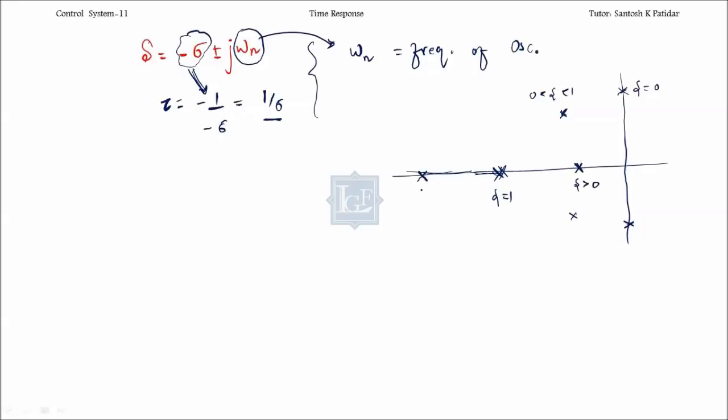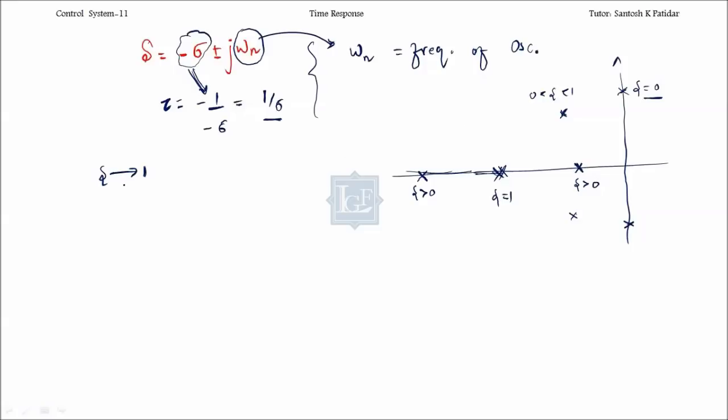This was the case for zeta greater than 1. When zeta is going to increase, please watch carefully, or zeta is moving towards 1 from 0, because 0 is the minimum value we are considering. At zeta equal to 0, our system is marginally stable.